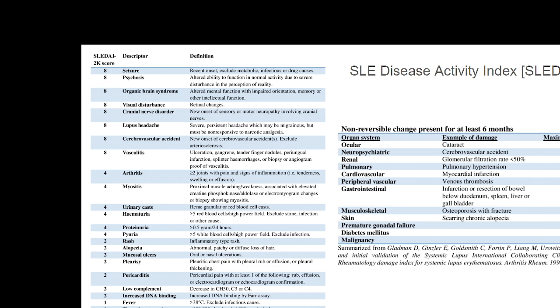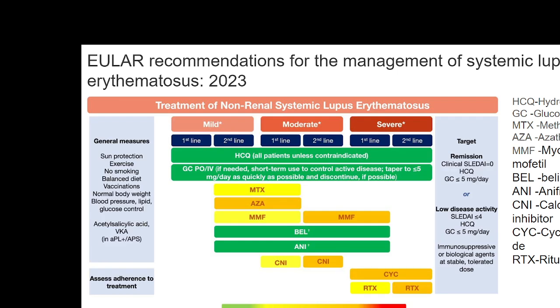Having other diseases like gonadal failure, infertility, diabetes or malignancy, you will have to add some more scores. So based upon this, if the total score is more than 40, then the prognosis is poor. If the total score is less than 40, we can manage to a certain extent, and this is how it is categorized.